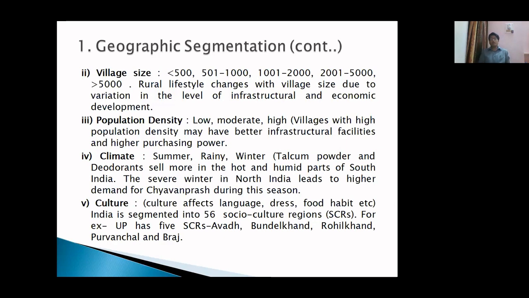Now, we could divide or segment villages on the basis of population: population size less than 500, 500 to 1,000, 1,000 to 2,000, 2,000 to 5,000, and more than 5,000.